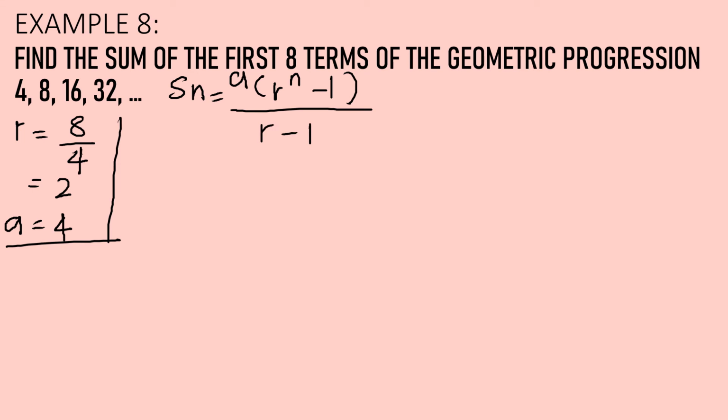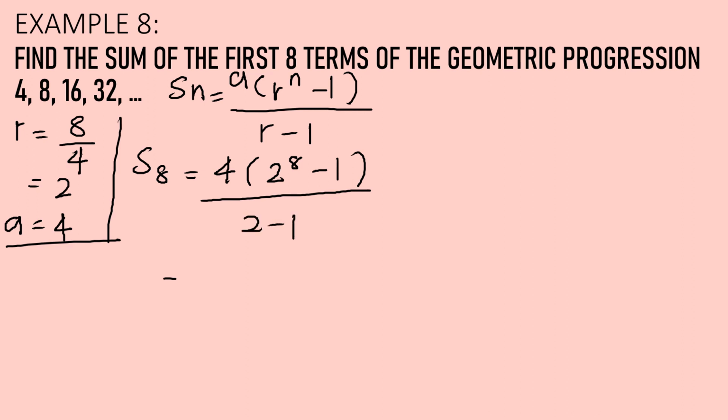Substitute: A is 4, R is 2, power of 8 minus 1, over 2 minus 1. So 4 times 255. The answer is 1020.